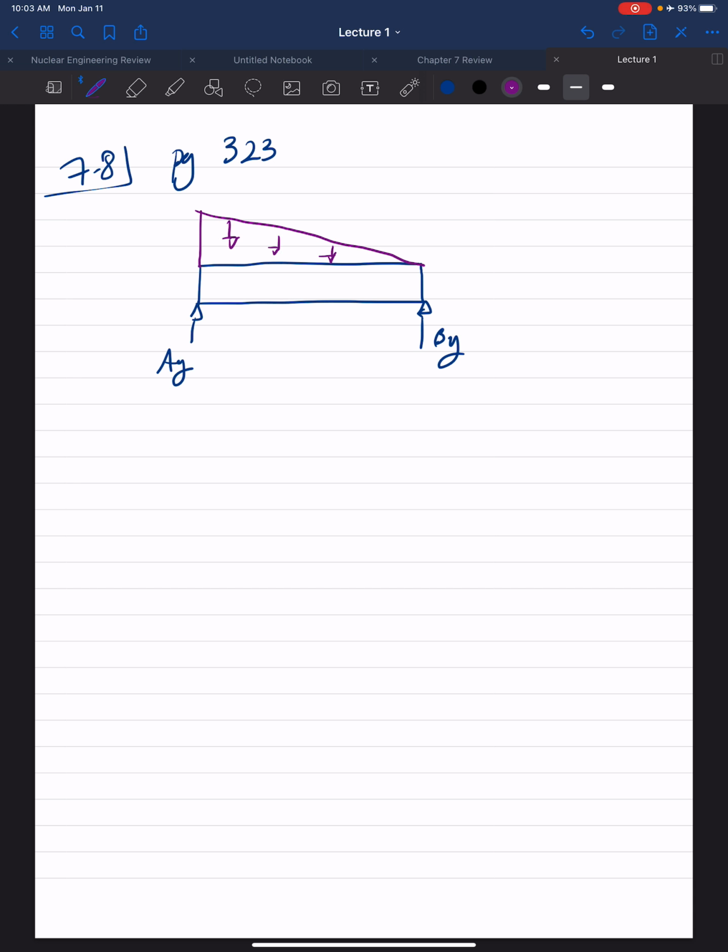This is a triangular loading. So we know the resultant force acts here, equal to the area under the curve. So that's 1/2 the base, which is 6 meters, times the intensity here, which is 4 kilonewtons per meter.